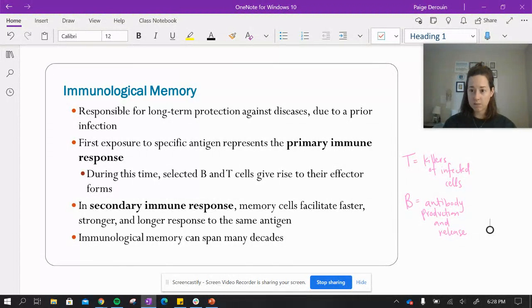The B cells' response is called the humoral response because it's antibody mediated and it's going to occur within the lymph. So it's going to be antibodies attacking pathogens without attacking infected cells. It's going to attack just that pathogen itself.